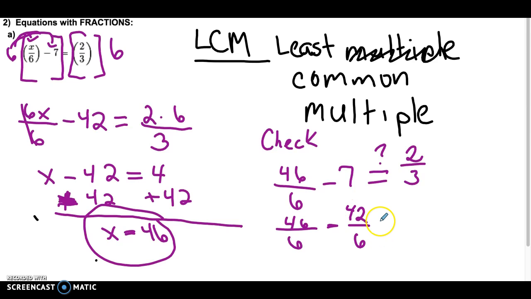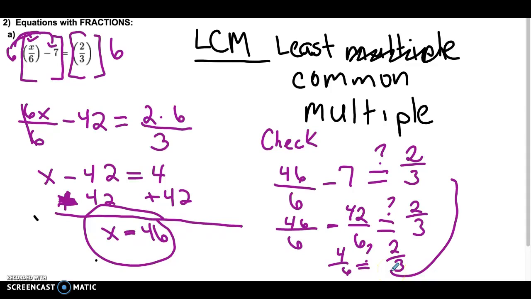Right? Does that equal the 2/3? Well, 46 minus 42 is 4. 4/6. Does that equal 2/3? It sure does. You just have to reduce. So we'll go over here and say 2/3 does equal 2/3. So it checks. I know I have the right answer. Always, beauty of algebra, you can always check your work.